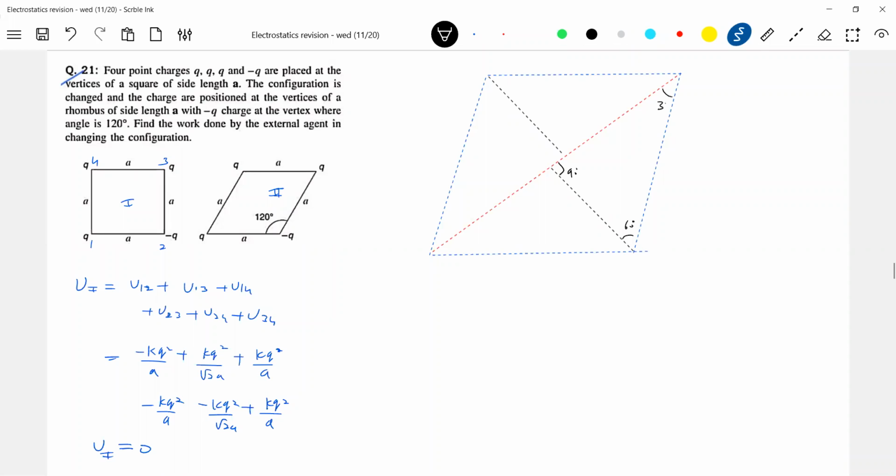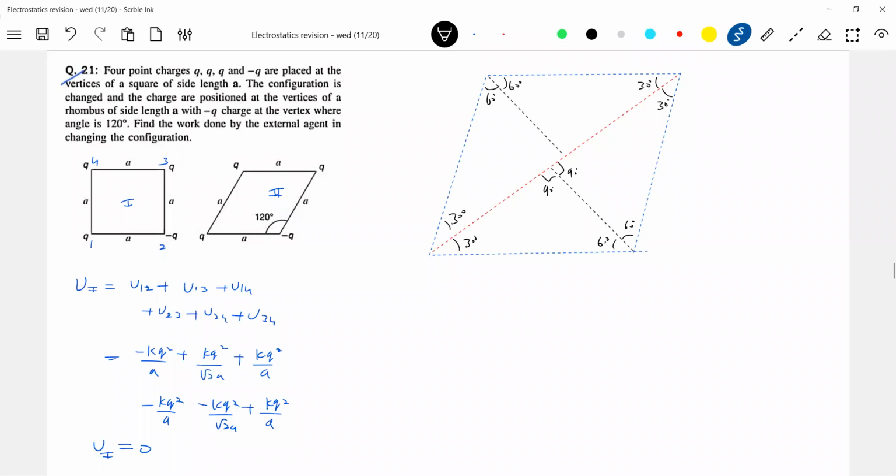So therefore this should be 30. This should be 60, 30. This is 90. The similar situation here also, 60. Like this, we can get the angles. You can draw a diagonal.